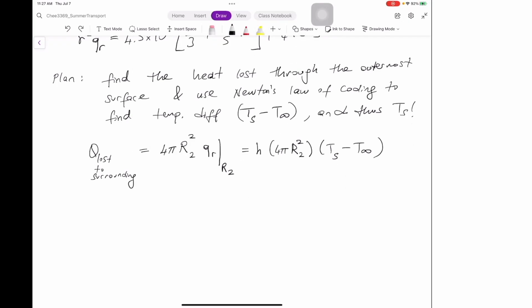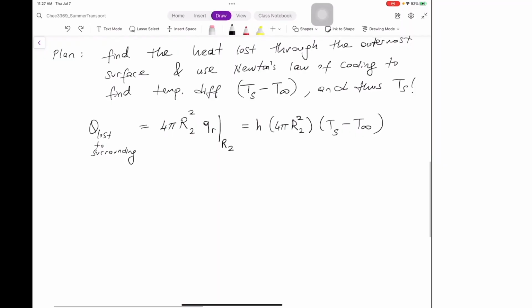Okay, so I can actually use this equation and simplify this thing. 4 pi's cancel, right? And then R2 squared QR at R2 is equal to H times R2 squared Ts minus T infinity.